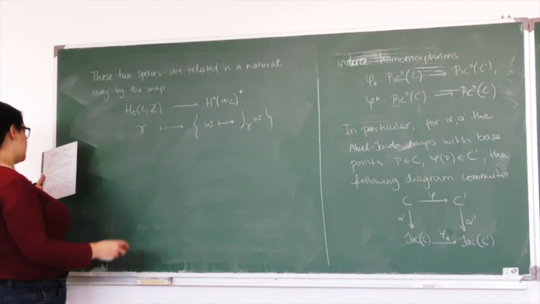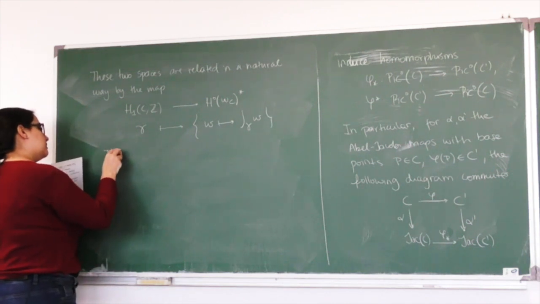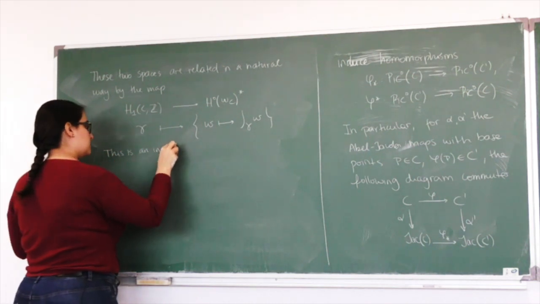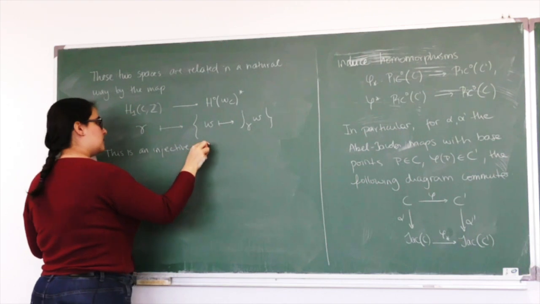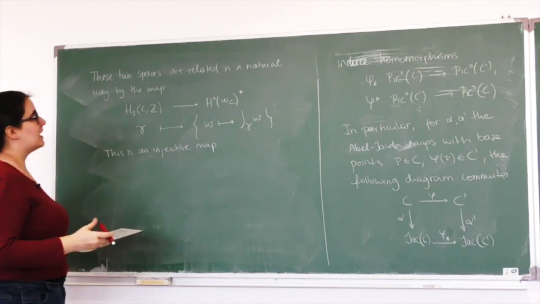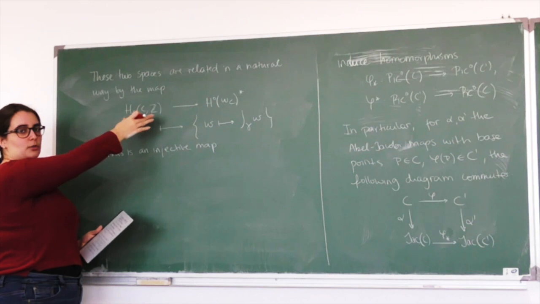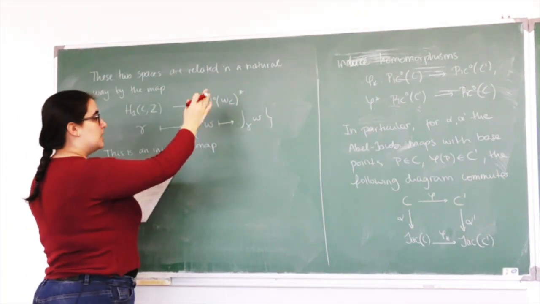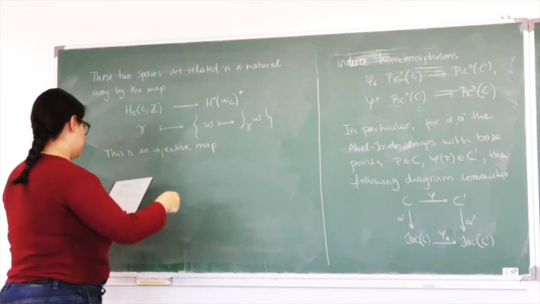So this map is injective, and therefore it allows us to see the first homology group as a lattice inside the dual of the space of holomorphic differentials.